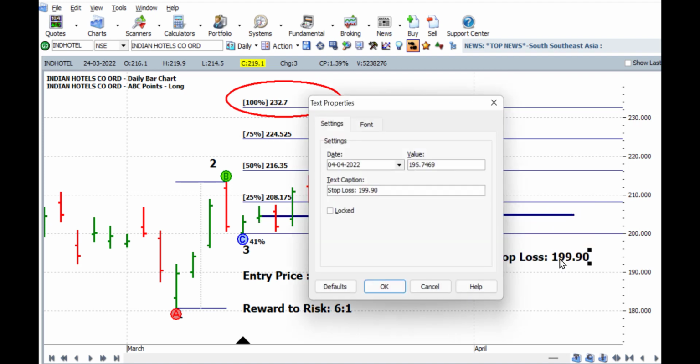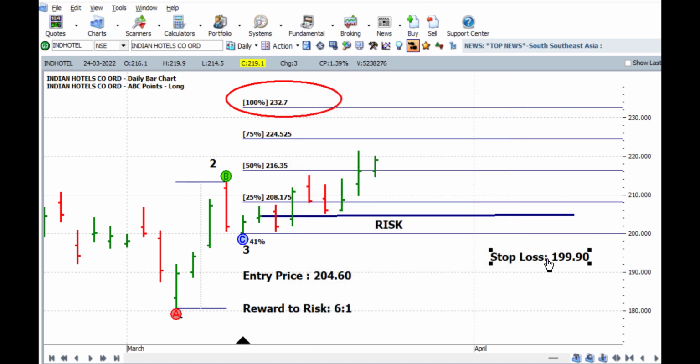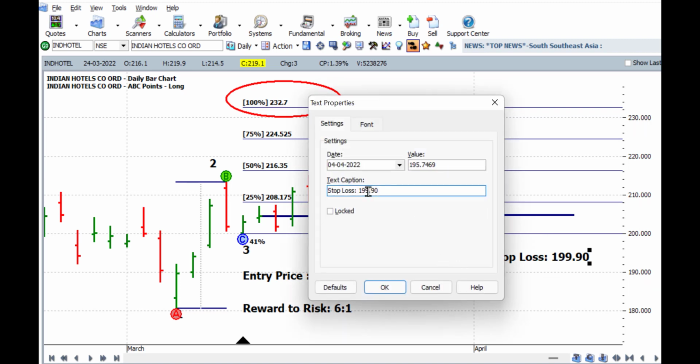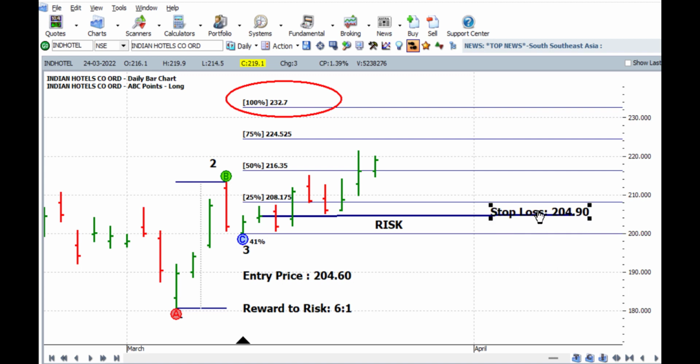On the previous day, as our entry was 204.60, we will put it as 204.60 plus let's say brokerage of about 30 paisa, so I'll put it as 204.9. This is my revised stop loss. As soon as it clears the 50% mark on this day, I put my stop loss at 204.90.